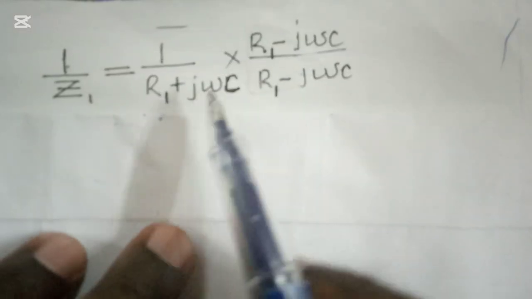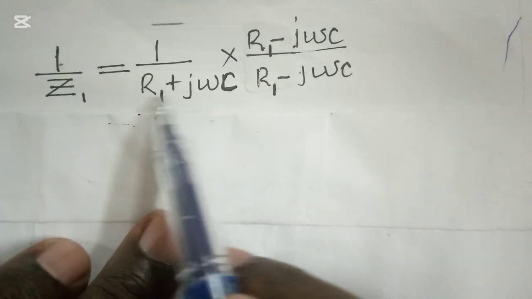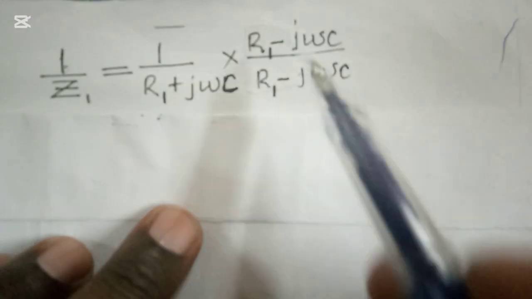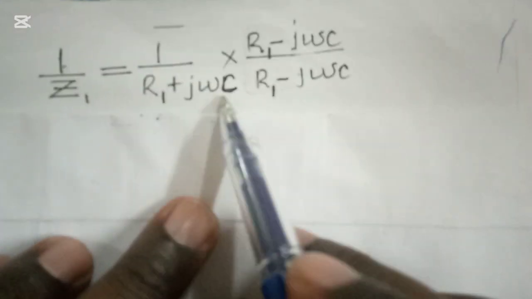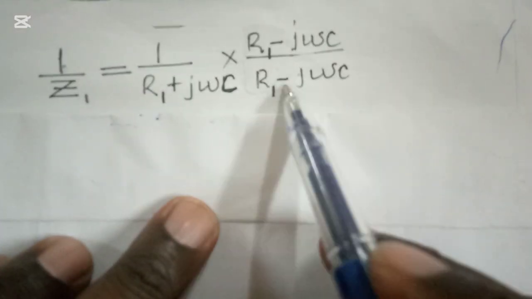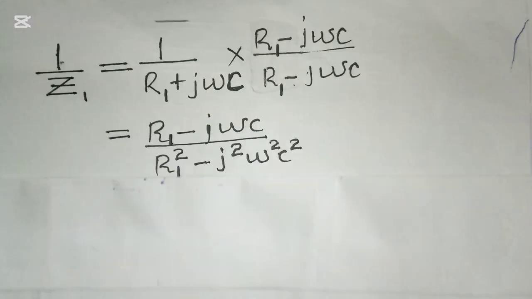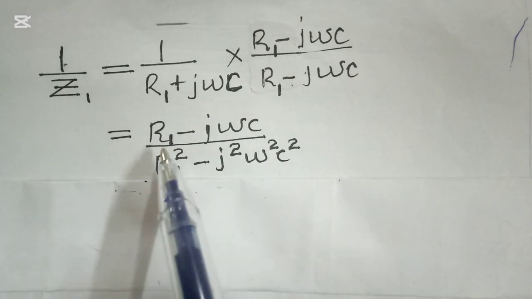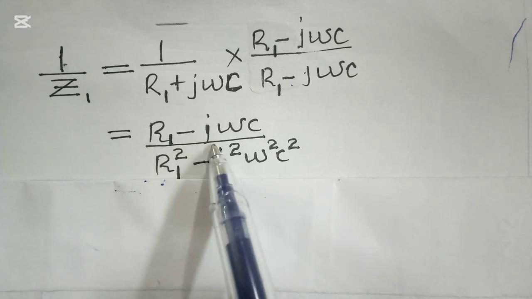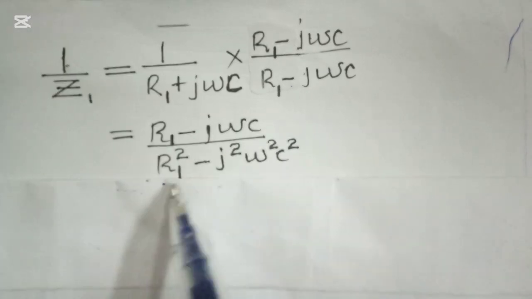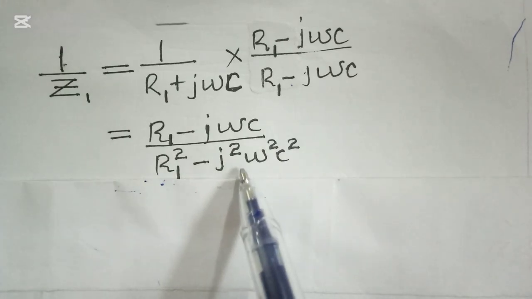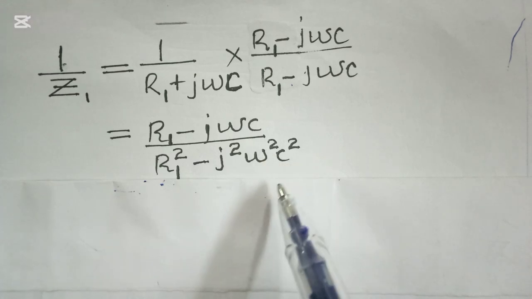Guys, for us to rationalize this, we multiply by the conjugate of this. That's what I have done here, on both sides. After multiplying, this is what we get. We shall have r1 minus jwc all over r1 squared minus j squared w squared c squared.